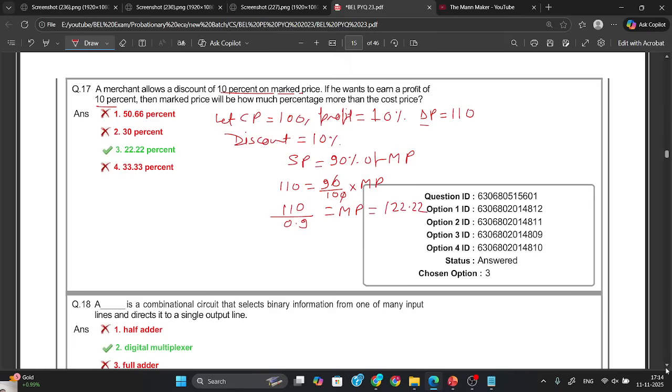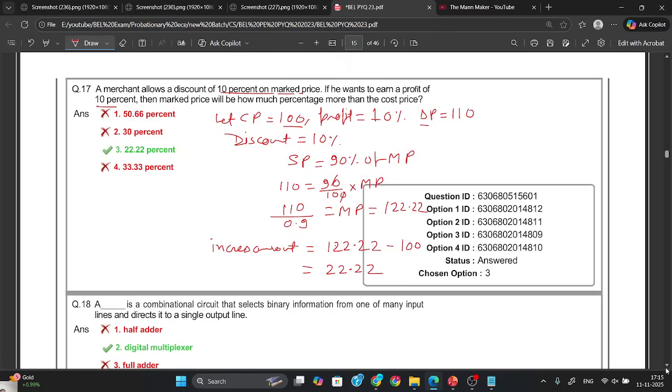So now we have market price 122.22 and cost price 100. We need to find the increased amount: MP 122.22 minus cost price 100, so it will come 22.22.